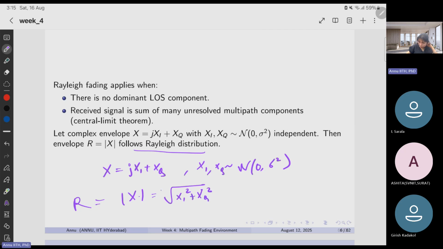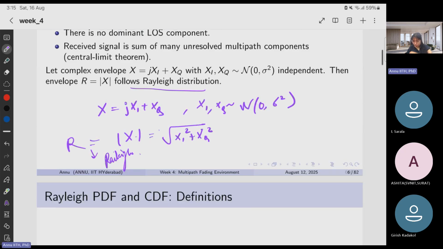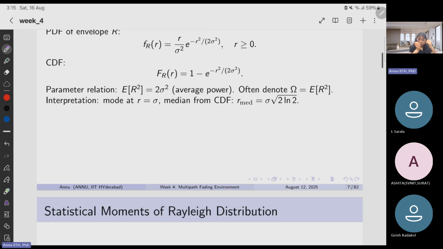And if both are Gaussian, then it becomes Rayleigh. Rayleigh PDF and CDF are like this, for the PDF of envelope R. It is called envelope because of the in phase and quadrature components, and if you take this, then it is called the envelope in the case of distribution.